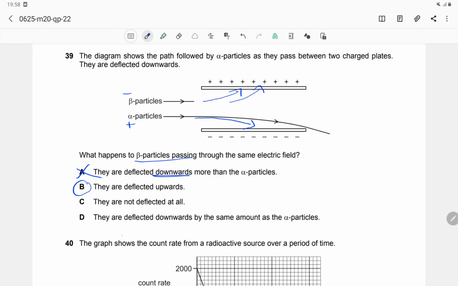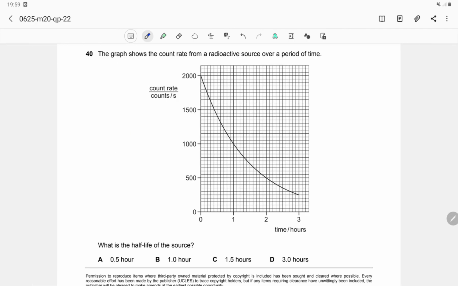Option D, they are deflected downwards by the same amount as the alpha particles. That is also wrong. They will be deflected only upward, because upward there is the positive charge and the beta particles are negative, so they will automatically go to the positive charge. So the correct answer is only option B.